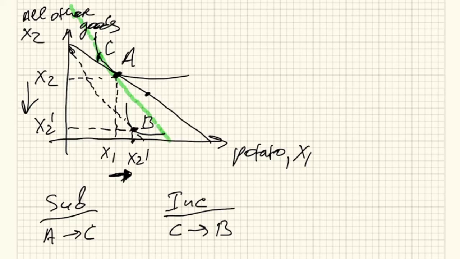Now, we understand how it looks graphically. Let's think about this at a deeper level. It's seemingly contradicting to the first law of demand. As price for potatoes goes up, it appears that people eat more potatoes when the price went up.